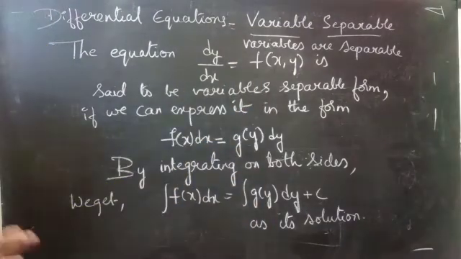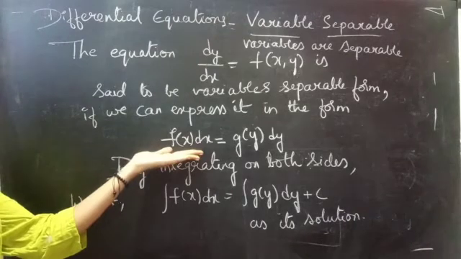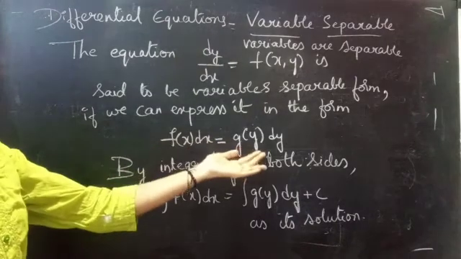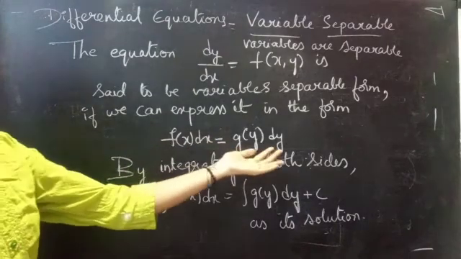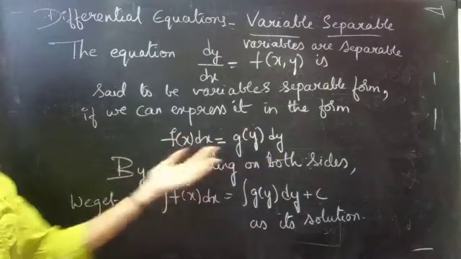Okay. So, what we are going to do is, we are just going to write the function of x and its differential dx on one side, and the function of y and its differential dy on the other side.